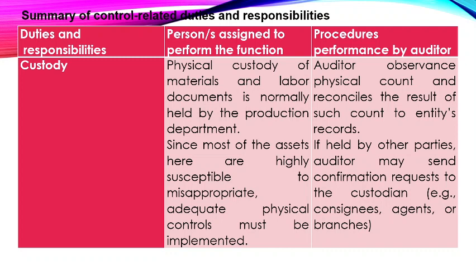The auditor observes the physical count and reconciles the results of such count to the entity's records. If held by other parties, the auditor may send confirmation requests to the custodian, for example a consigning agent or a branch. So this is now the procedure performed by an auditor.